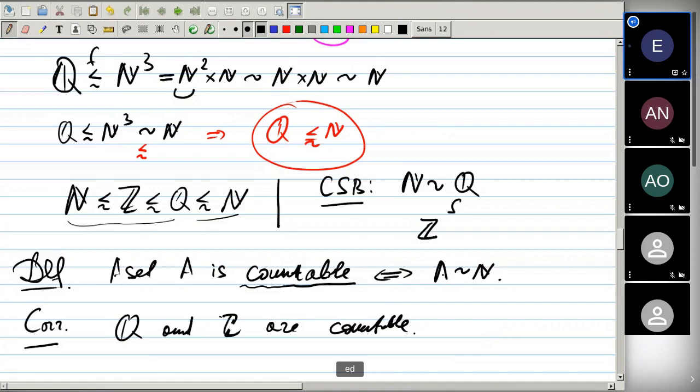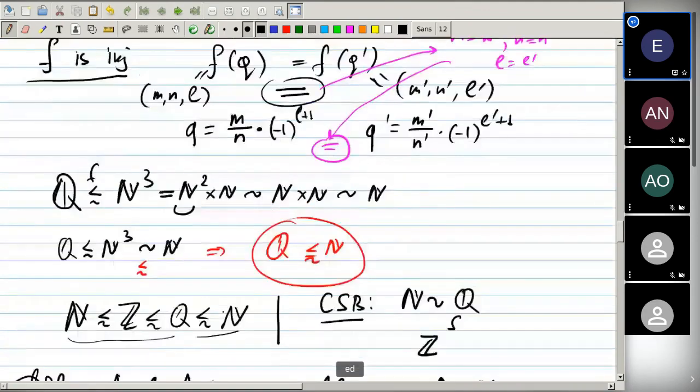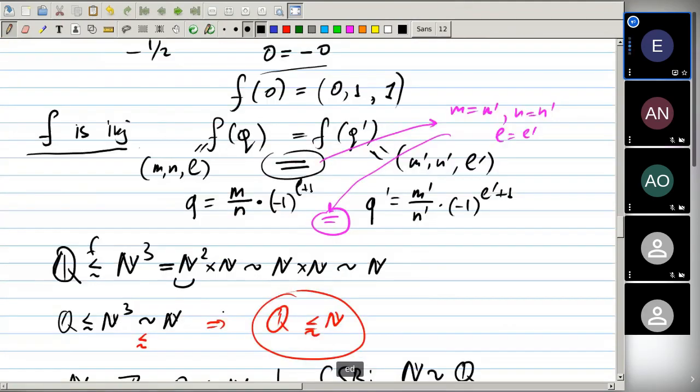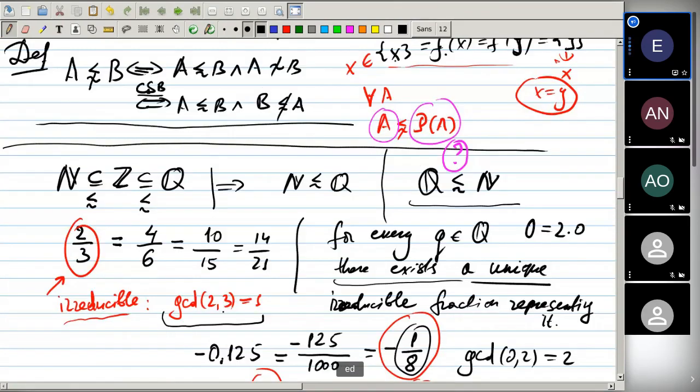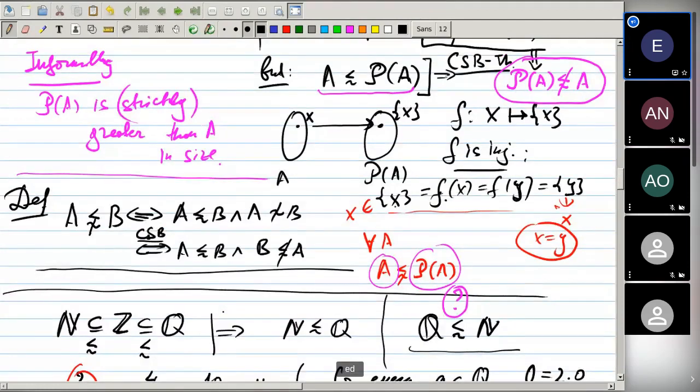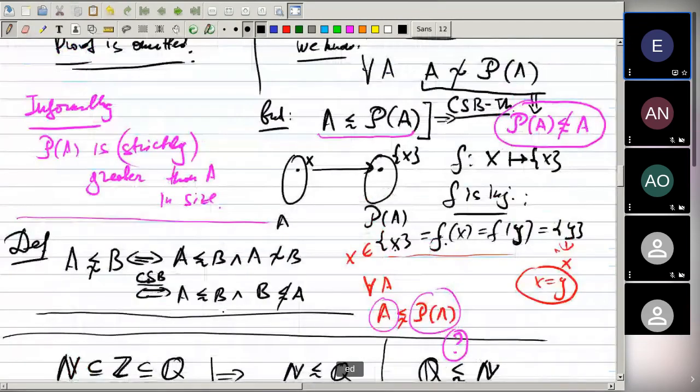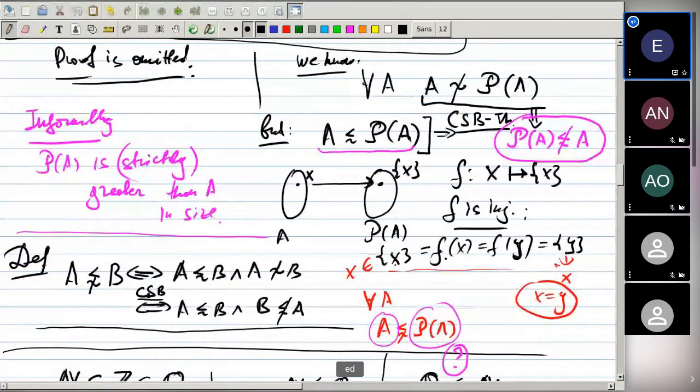Yes. Do you know any uncountable set? Do you have any result that says that something is not equivalent to something? Power set of naturals. Yes. For no A is equivalent to its power set.